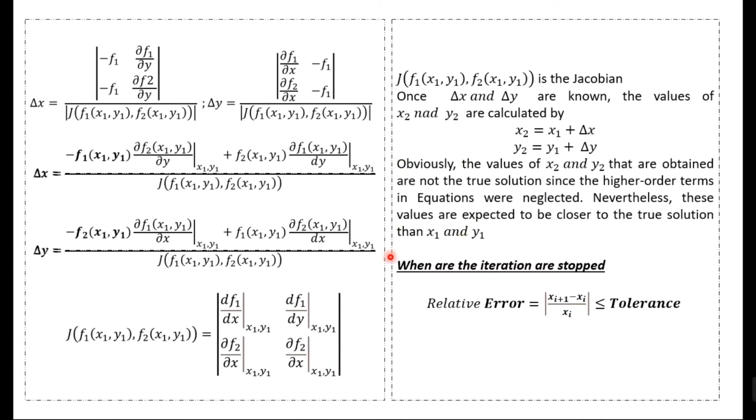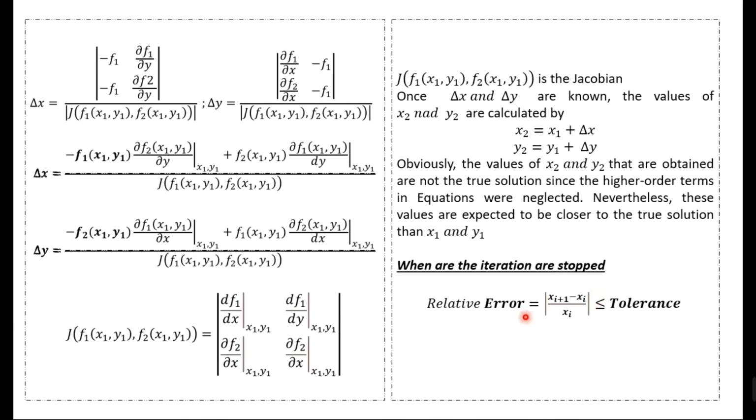When are the iterations stopped? When we do calculations or iterations, we have to stop our iteration process after some required result. So we use some criterion: when the iterations are stopped, we use relative error, which is equal to the new estimated solution minus the previous solution, divided by the new solution, less than or equal to a given tolerance.